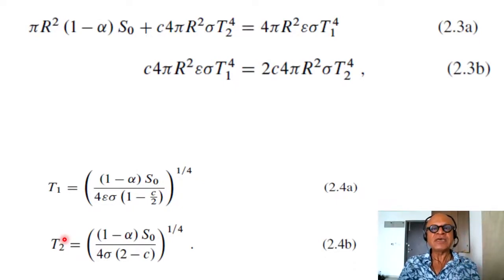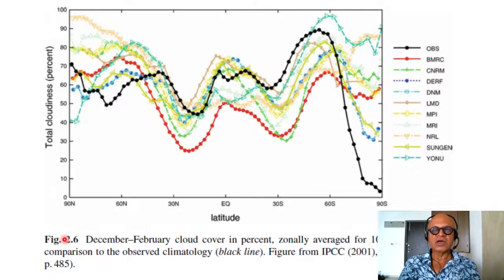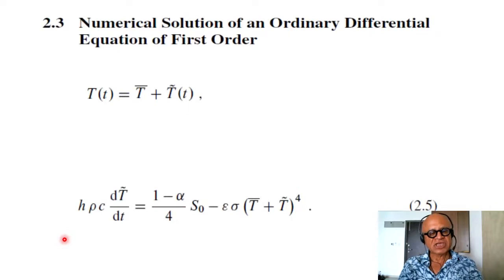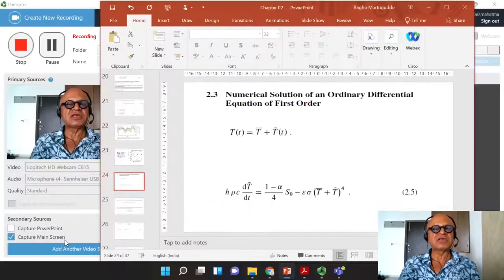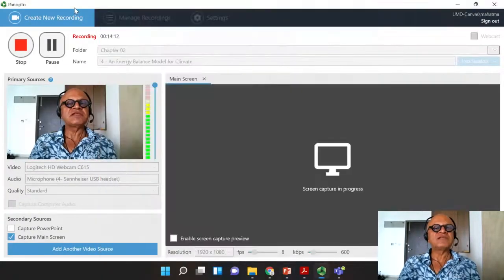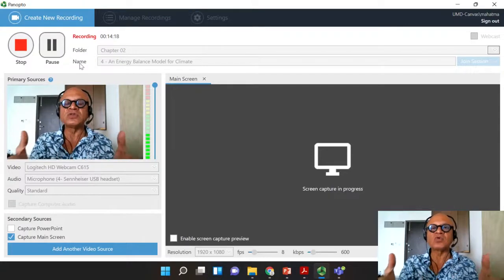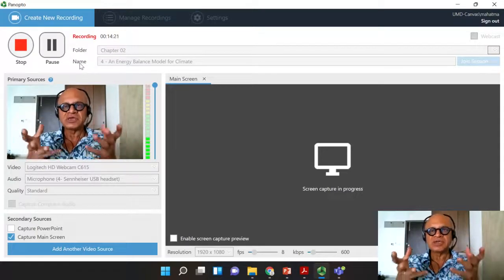Okay, so this is how we think about models and constraining the models, even in the simple case of energy balance model. Obviously, the energy balance model is not very realistic, but it's very instructive. It told us how the energy balance works.